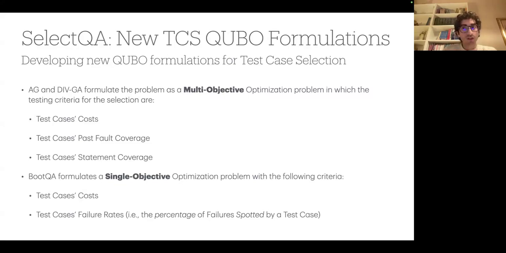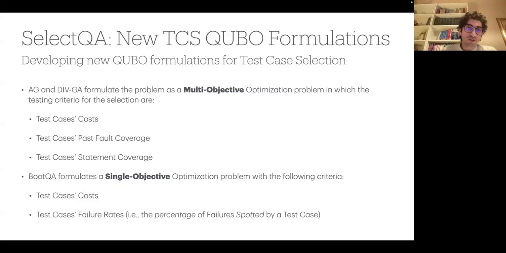What we had to observe here is that the traditional state-of-the-art methods formalize the optimization problem as a multi-objective optimization problem, which means that they produce a Pareto frontier for each execution. On the other hand, BootQA formulates the optimization problem as a single objective optimization problem, which means that for each execution, it outputs a single sub-test suite, a single solution.